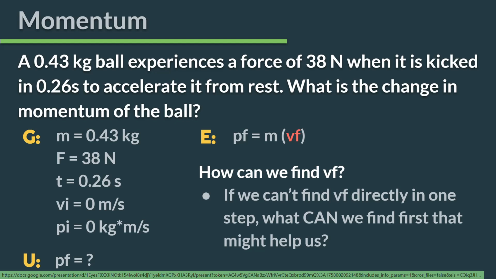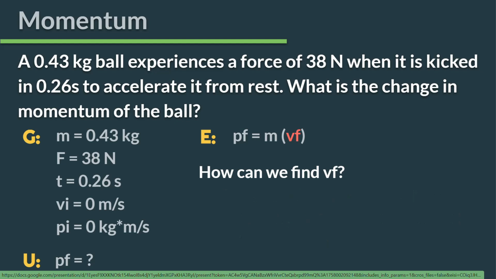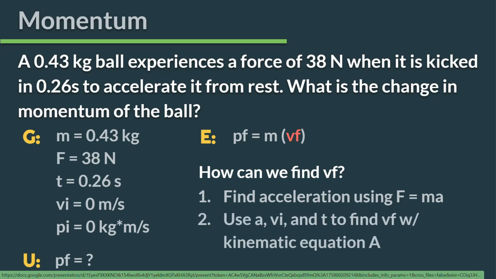Okay, if I look at the information that I have, I can find acceleration first. I actually don't have enough information to find VF with my kinematic equations unless I have acceleration. So I need to find acceleration using F equals ma because I have F and I have m. And once I have acceleration, then I can look at those kinematic equations.